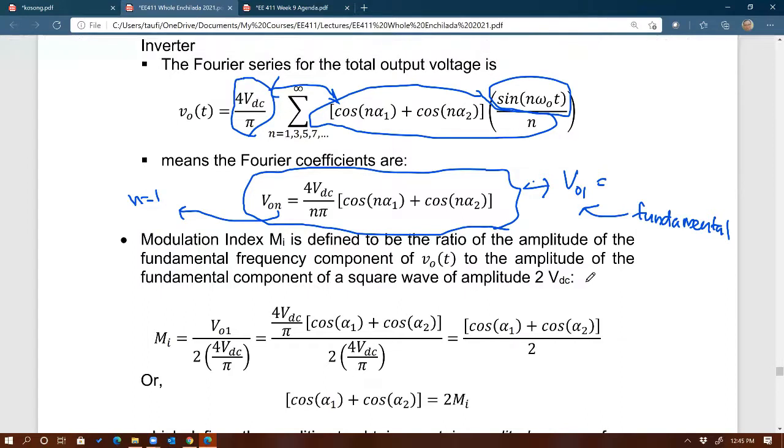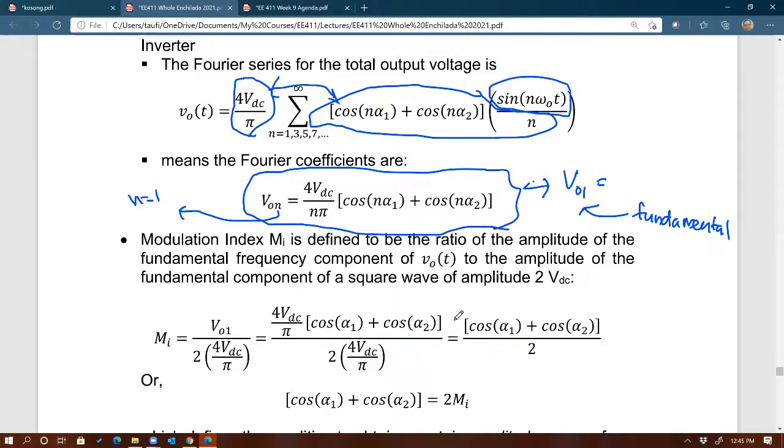So we have an input that is VDC, that creates the square wave, and from that input square wave we get its fundamental component. And then on the output, we have the modified multi-level square wave, which has its own equation for the fundamental component of the output.